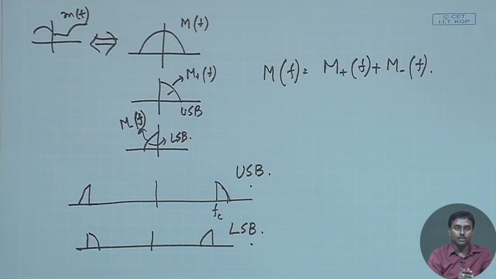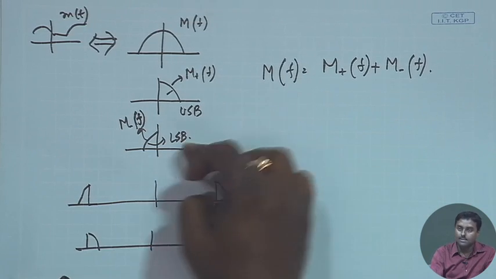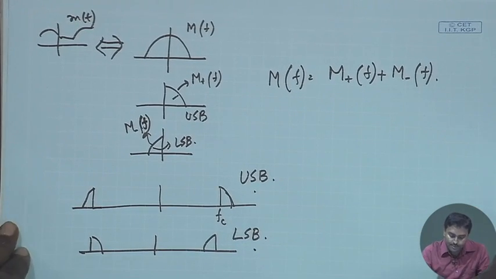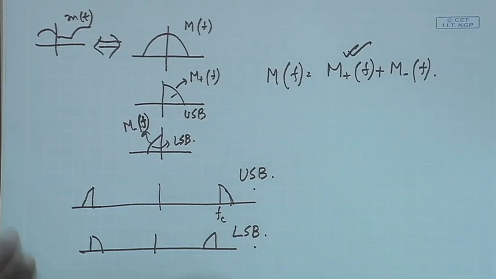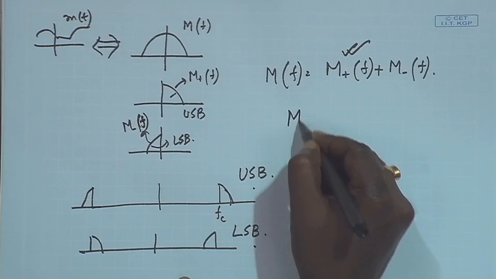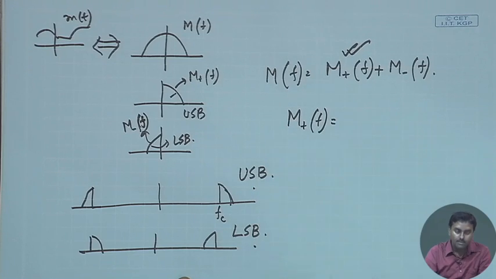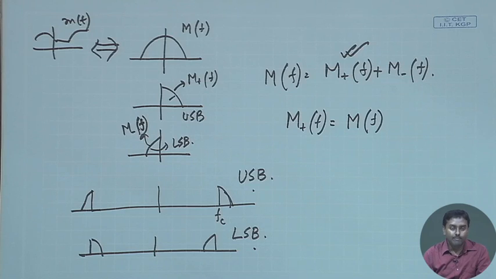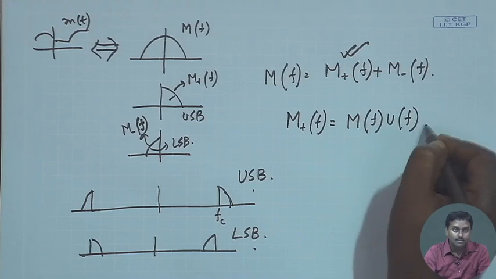First of all, I have to be convinced that this modulation is possible. First, let us try to see the mathematical treatment of it. So what is this? Let us first try to represent this M plus F, and then we will represent this one. So what is M plus F? If MF is multiplied by UF, what is UF?